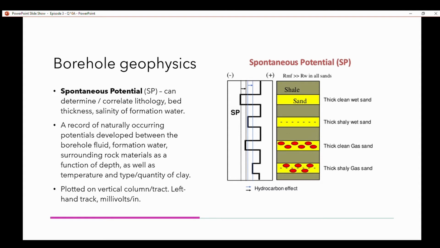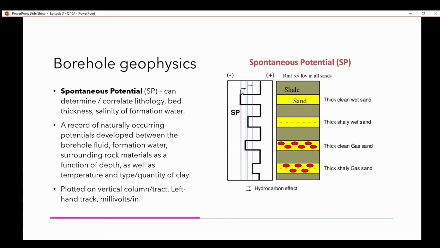So this shows what a spontaneous potential log will look like in a shale sand interbedded sequence. This particular sand has gas in it, and it'll show you the difference. Shale has a high spontaneous potential, not resistivity, and sand has a low spontaneous potential.